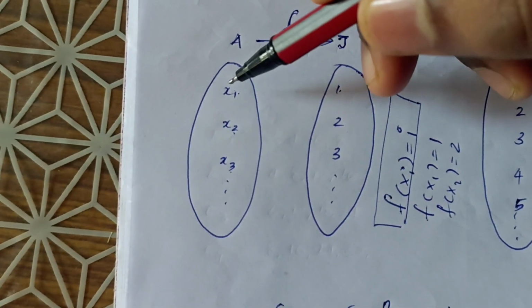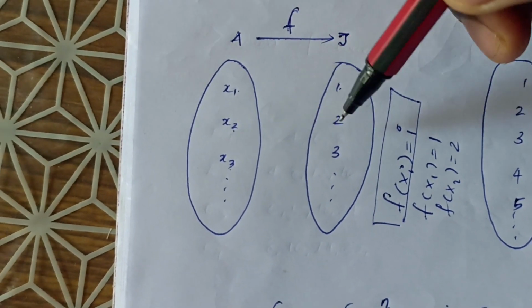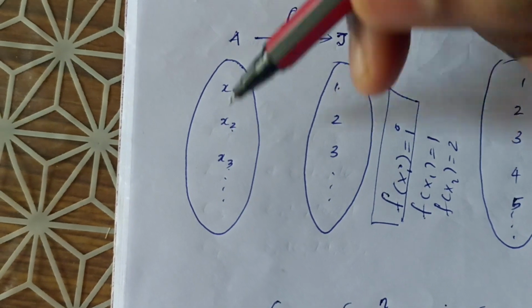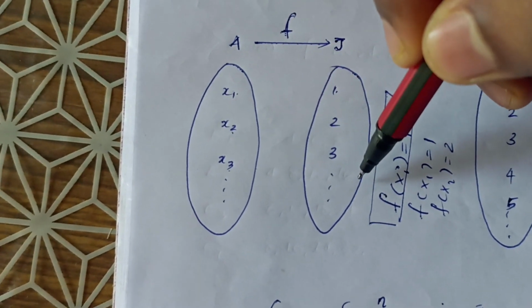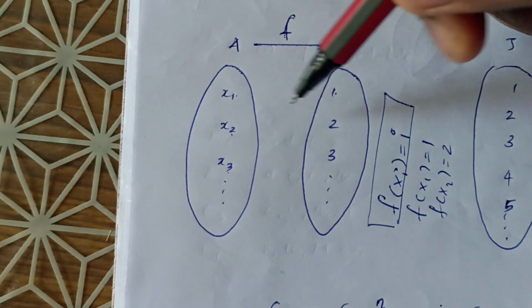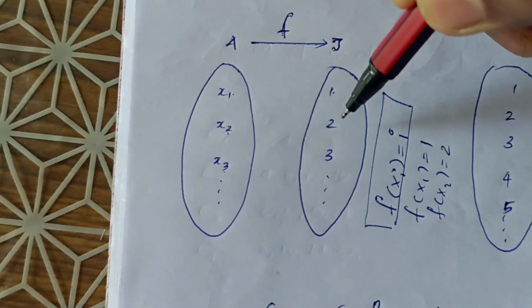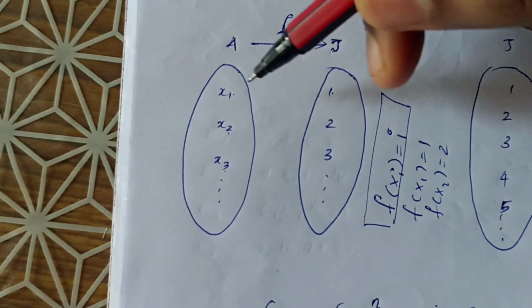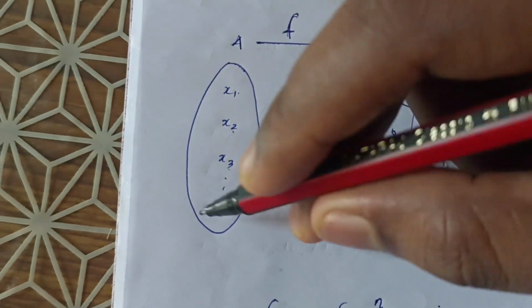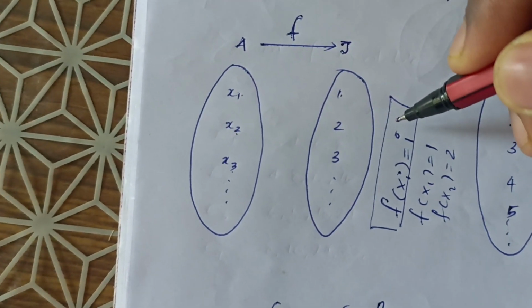It means we can map x1 to 1, x2 to 2, the third element of the set to 3, the fourth element of the set to 4. It means we can find a function such that the first element is mapped to 1, the second element to 2, the third element to 3. Okay, so there is a 1-1 correspondence between our set and the positive integers, right?